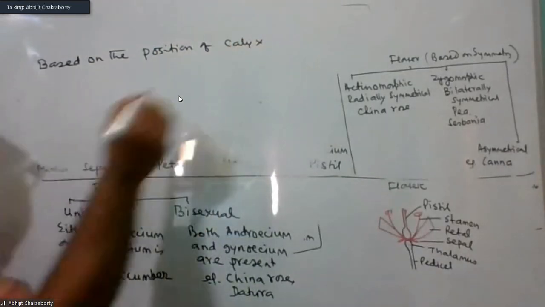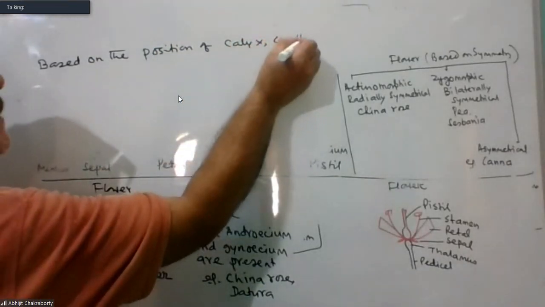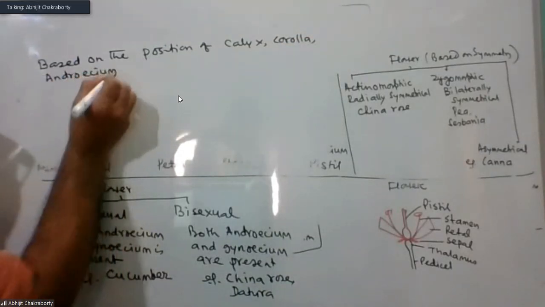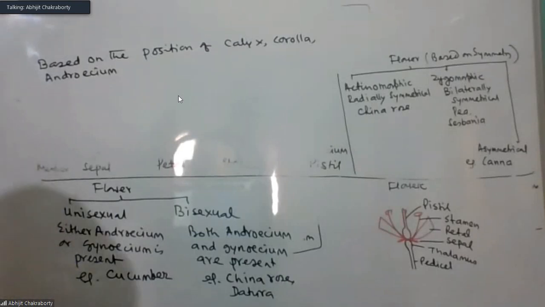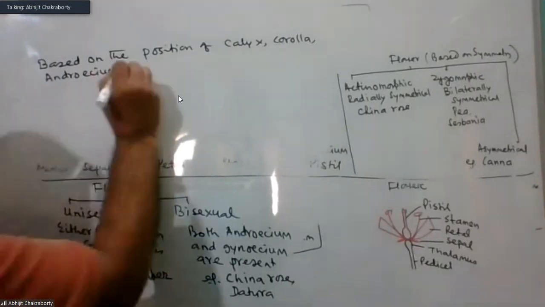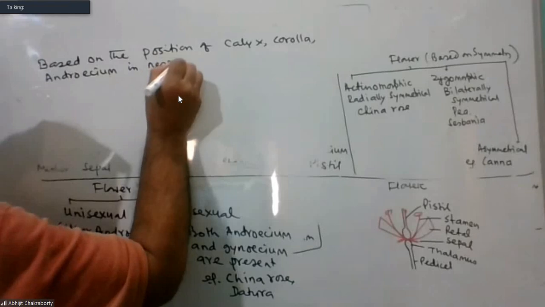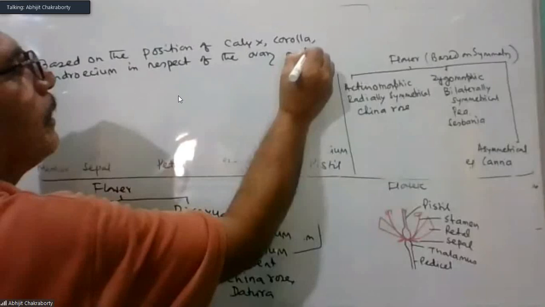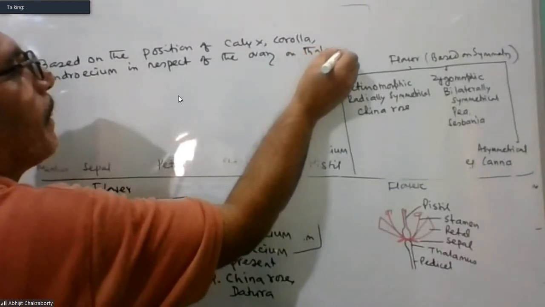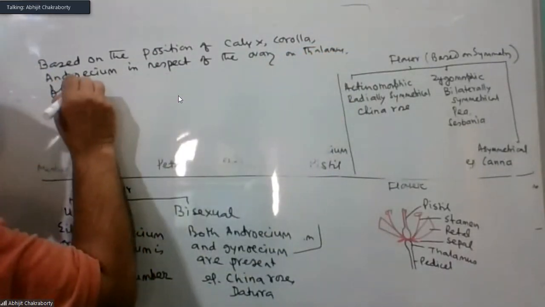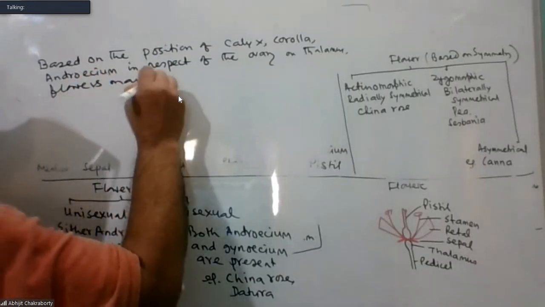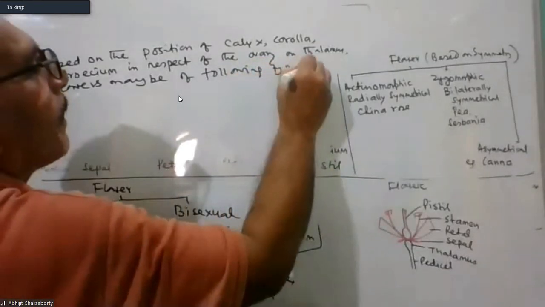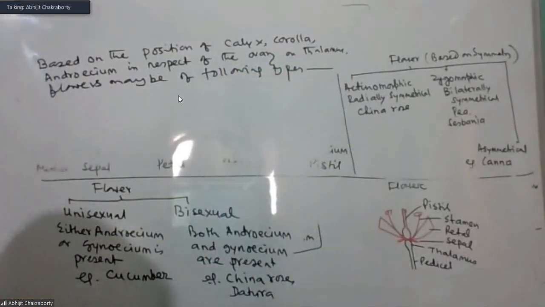Based on the position of calyx, corolla, and androecium in respect of the ovary on thalamus, flowers may be of the following types.